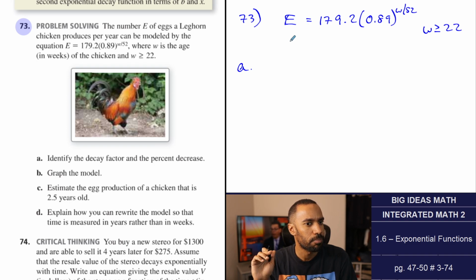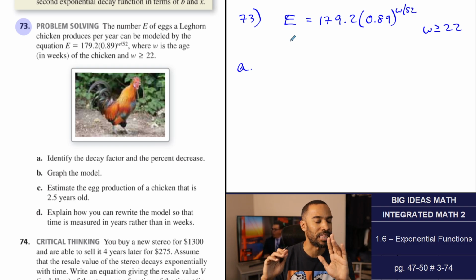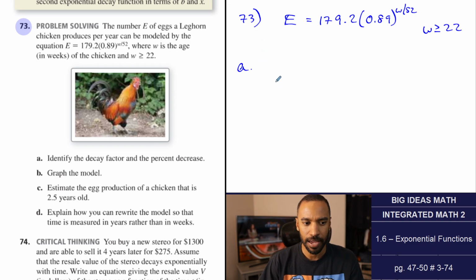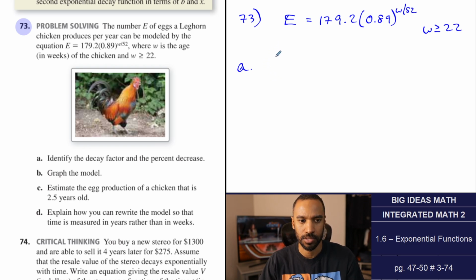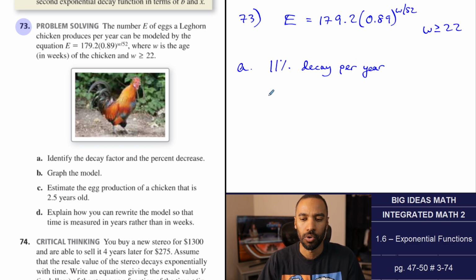The chicken can produce 11% less eggs in any future year than they could the year before. The decay factor they want is likely a weekly decay factor, I'm assuming, because they're talking about the weeks, right? Let's just say 11% decay per year, but then let's get a per week one.